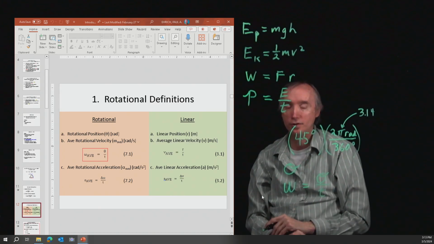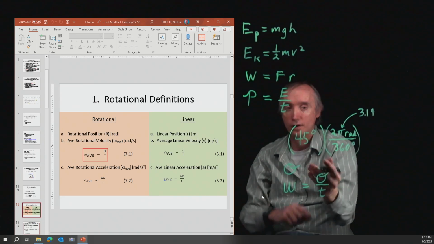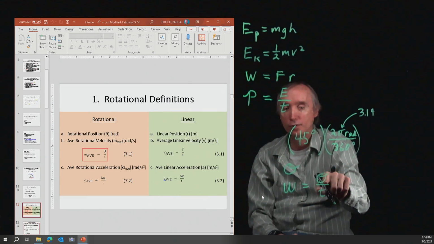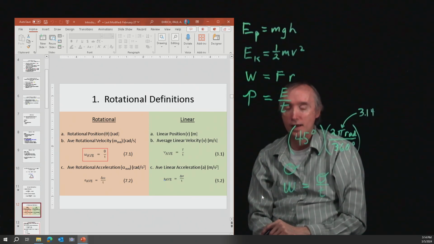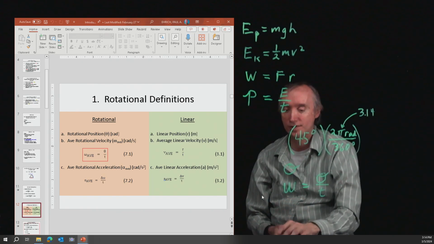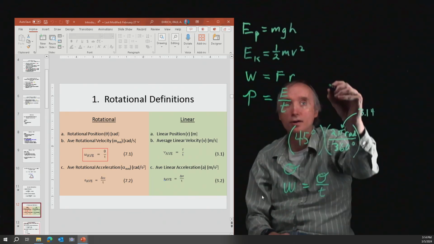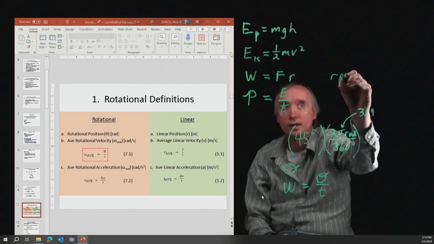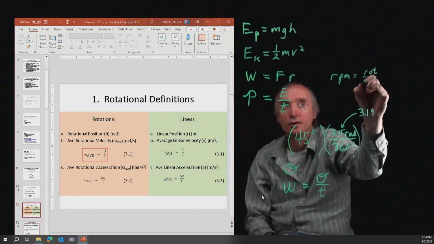I would like for you to know that formula. The angle through which something rotates per unit time is called the rotational speed. Now what I would like for you to be able to do is something with RPMs. RPM means rotations per minute.